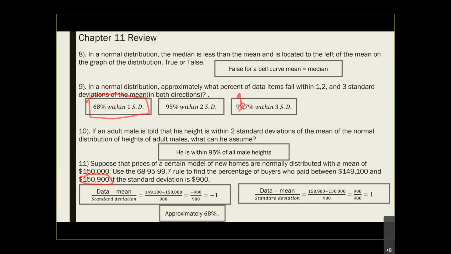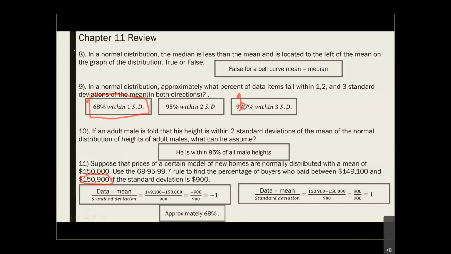Based on this information, 68% of the people buy the house between these two prices, 149,100 and 150,900.